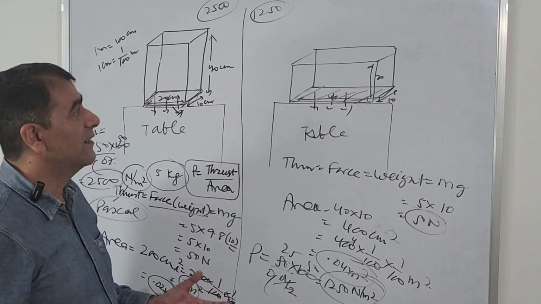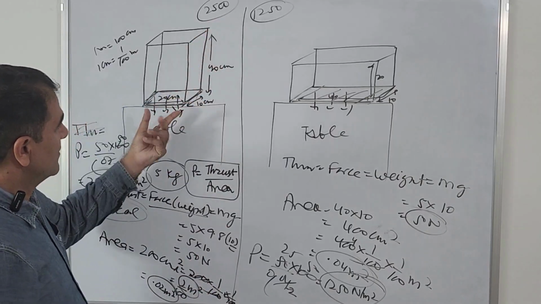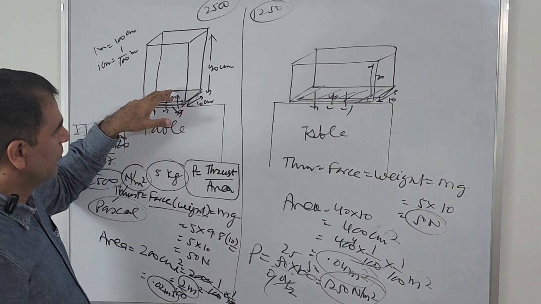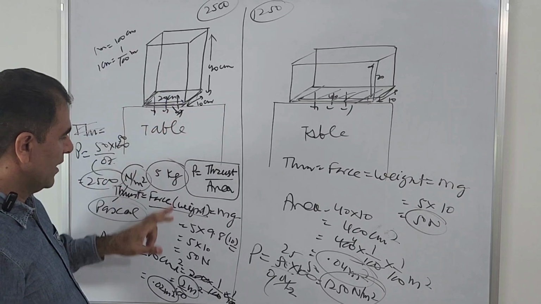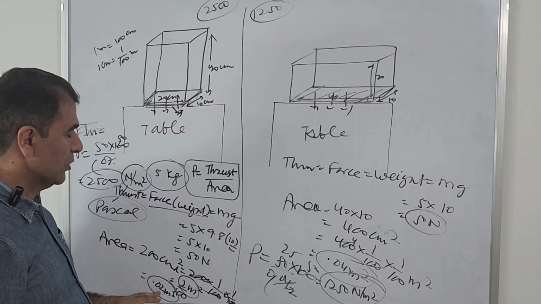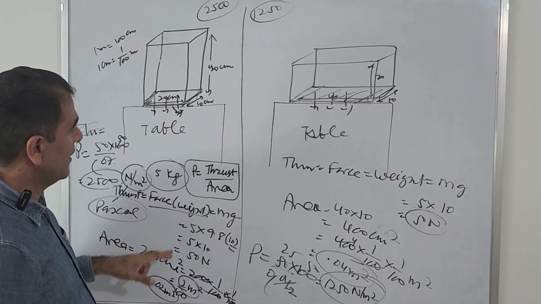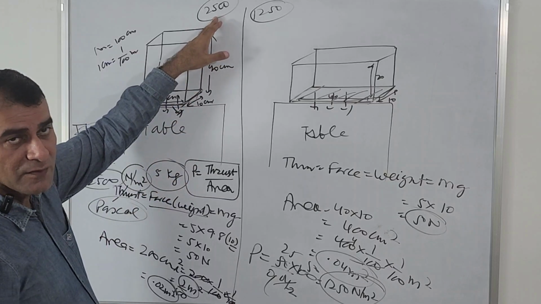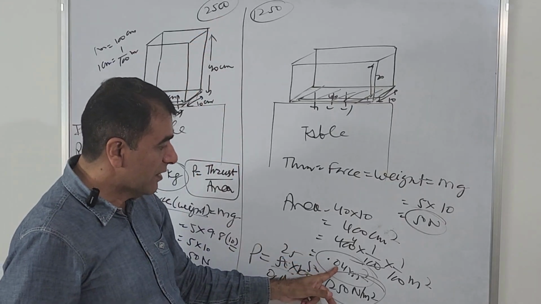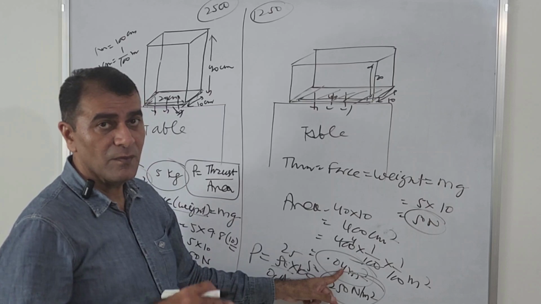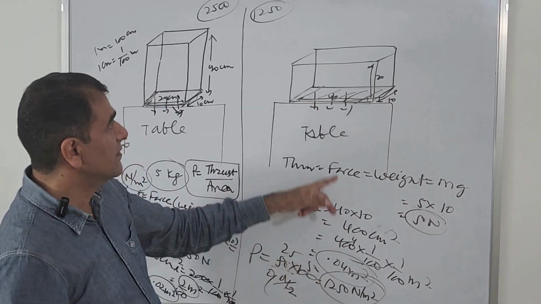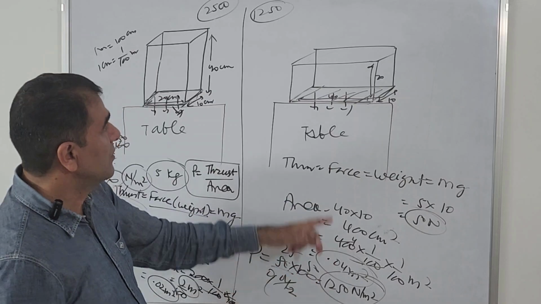It's very easy. In this case, the area of contact between the box and the table was very small, 0.02 meter square. Area was small, that is why pressure was large, 2500. In this case, area was 0.04, double of this area. So in that case, the pressure becomes half.